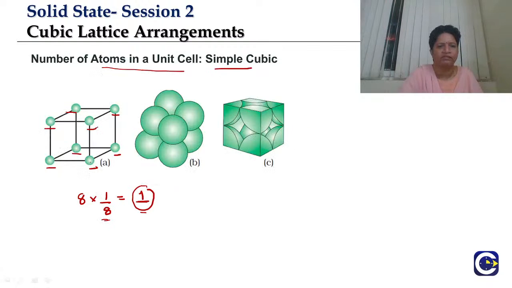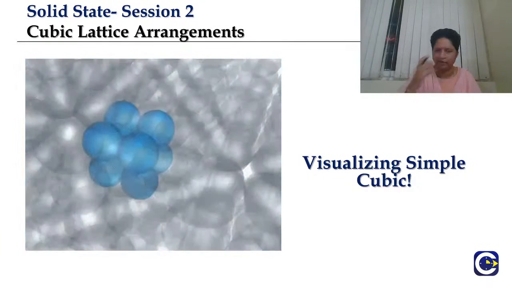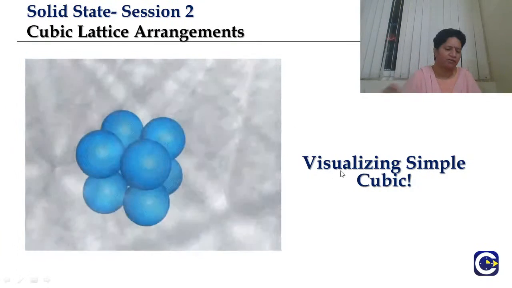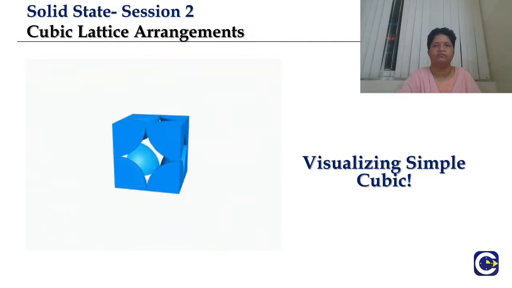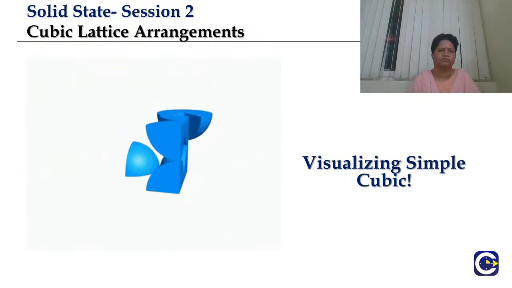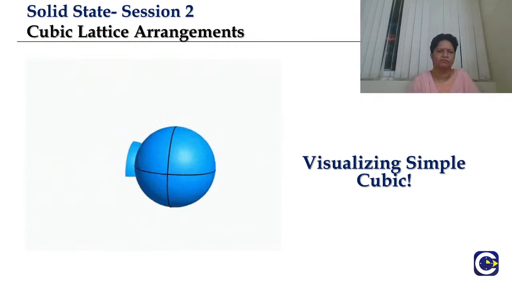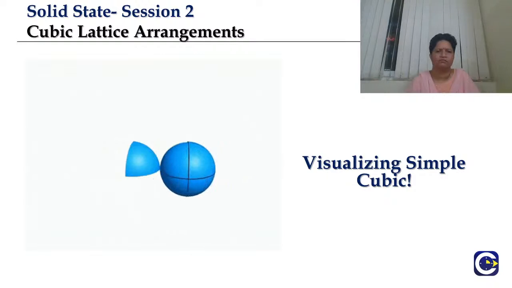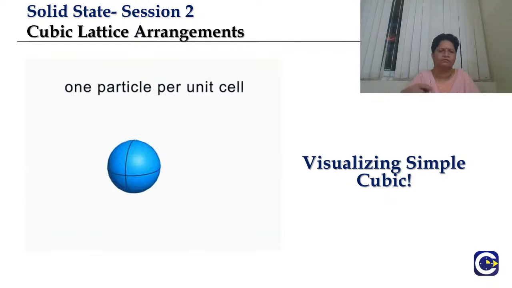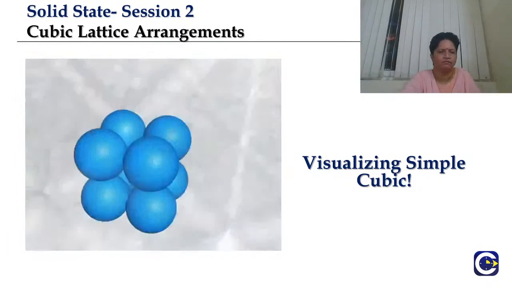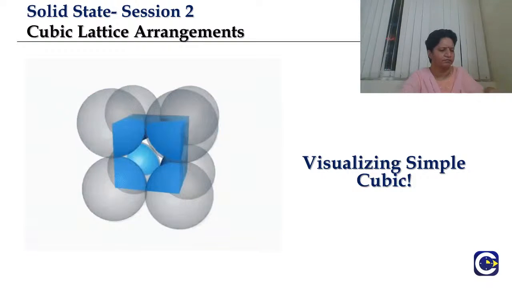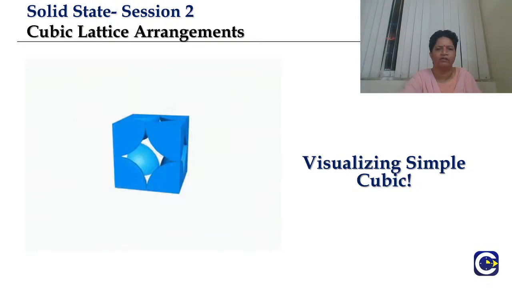Or look at these videos once again, you will understand it. Let me again go for a quick recap of the visualization of all these. So simple cube, we are getting 1 lattice point per unit cell.